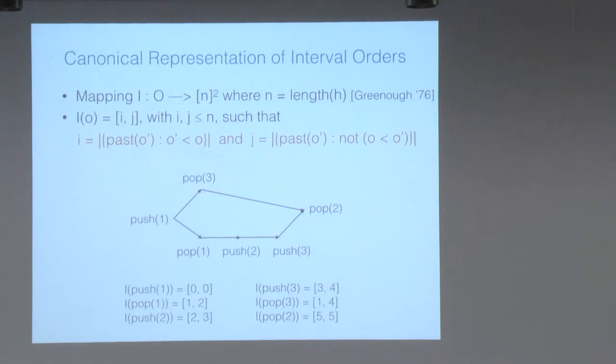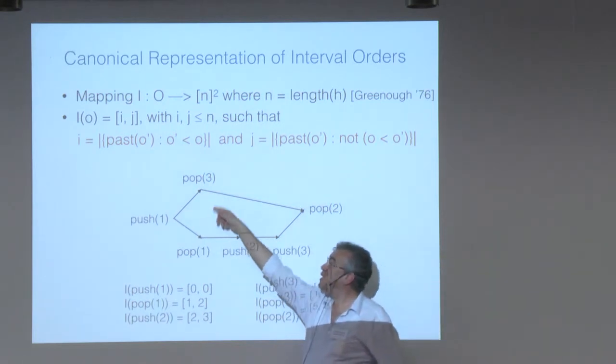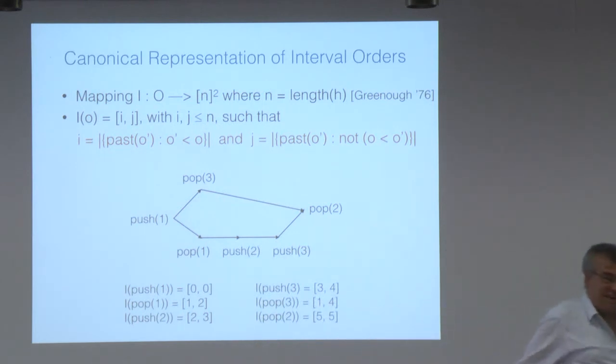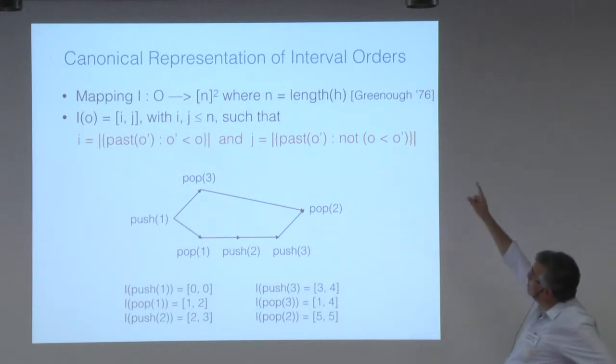So I'll give you a little example to understand this story of intervals. Maybe you are going to ask, there are some edges missing here. But just to have the idea, there is a canonical representation for these interval orders. There is this result saying you can have these interval orders and these pasts, but we are not going to actually manipulate these pasts. We are going to encode them in some way.